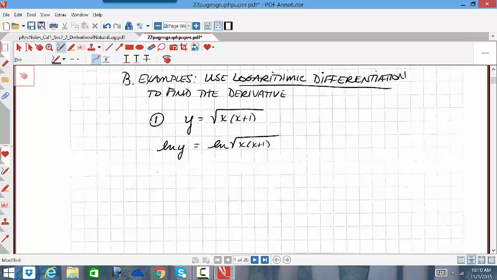Now I'm going to rewrite the right-hand side using those properties. This is the natural log of (x times (x plus 1)) all to the 1/2 power. That last property said you can bring the exponent out front, which we just did. And now when you have a product, we can rewrite this as the natural log of x plus the natural log of (x plus 1).